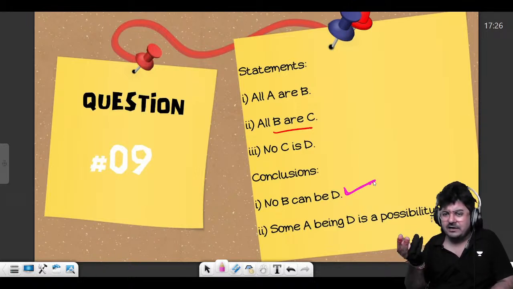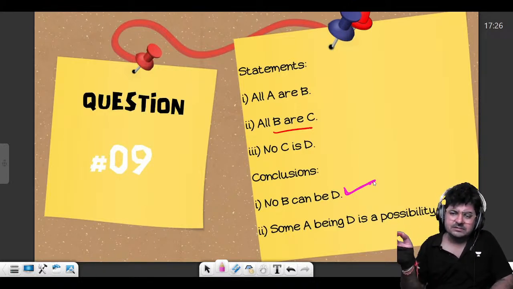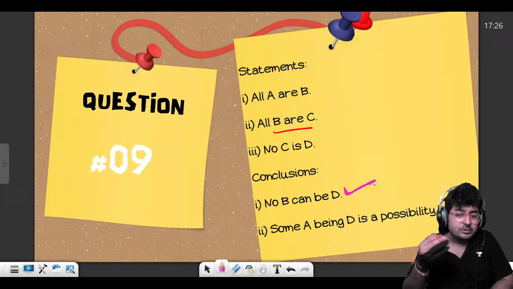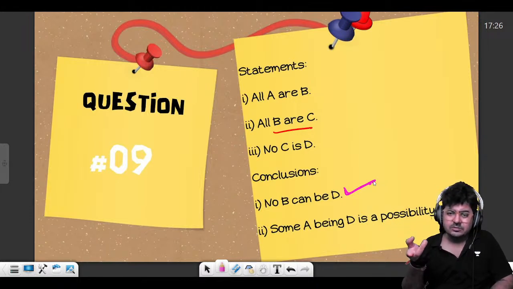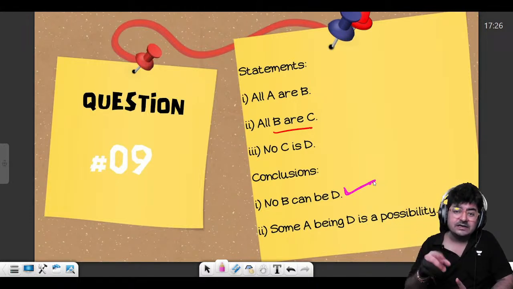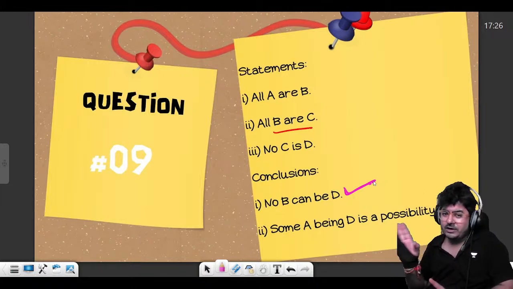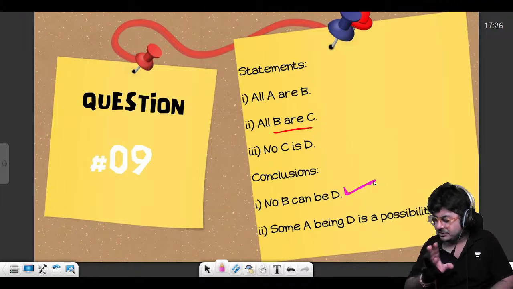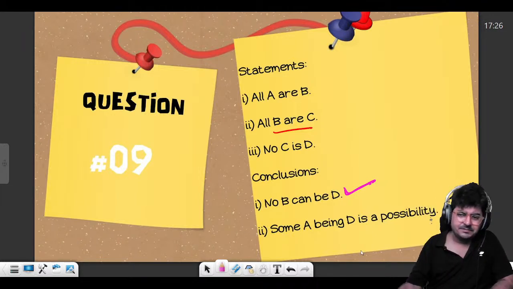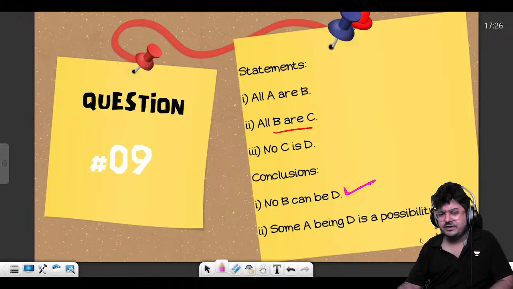Because all B is the part of C and no C is related to D. So obviously no B will also be related to D anyhow. Because if B relates with D, that will mean C is also related to D. That will be the violation of the statement. So conclusion one is absolutely correct. Some A being D is a possibility. Now, what is your opinion about this? Second conclusion. True or false?